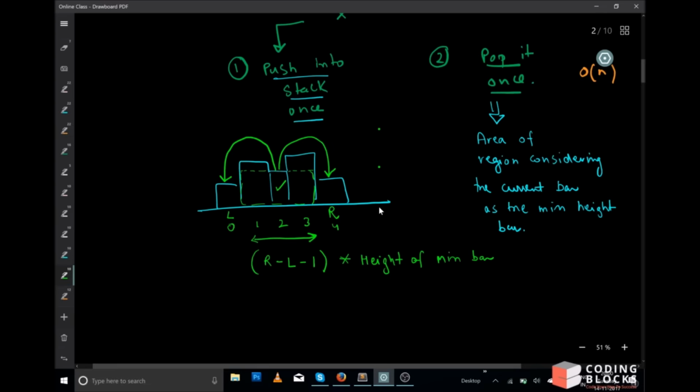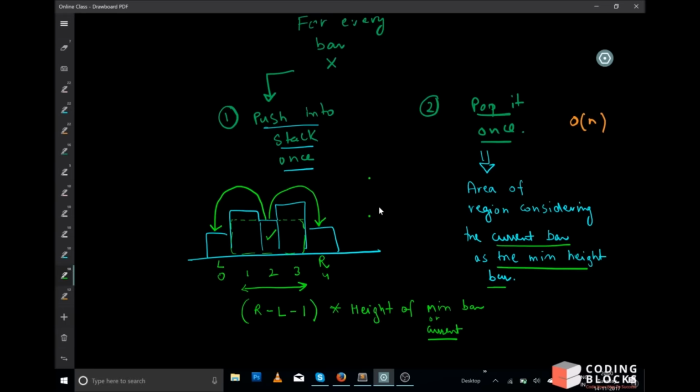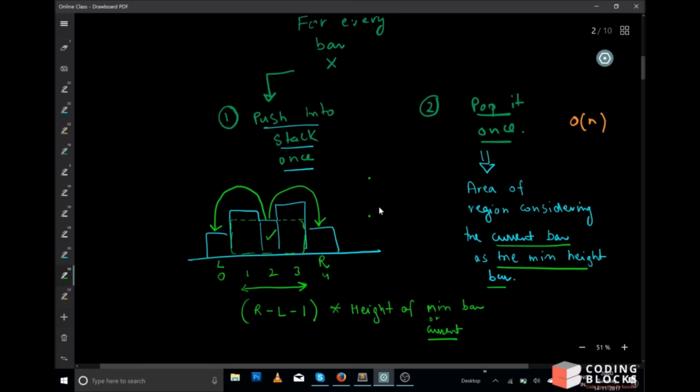So the minimum or the current bar, because we are saying that the bar which we are going to pop is the bar with the minimum height. For example, let's say the height of this bar is 3.